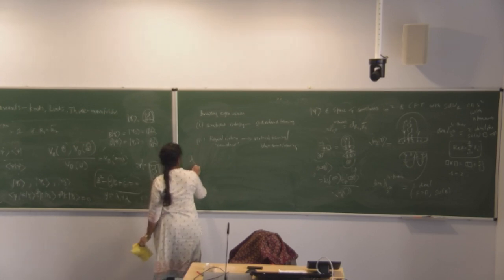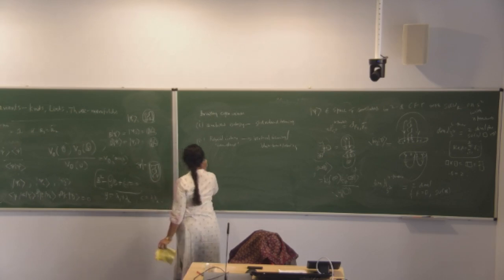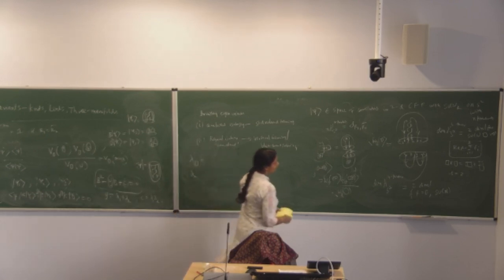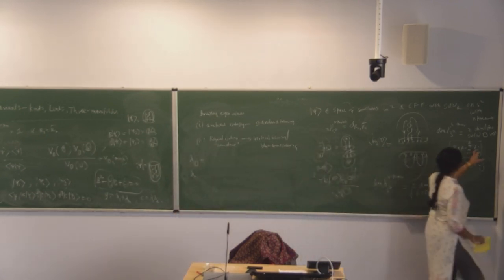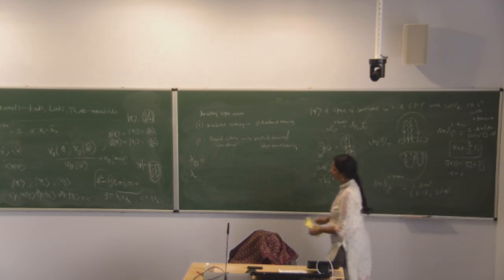Okay, so let me write it. So there are two eigenvalues, lambda 1 and lambda 2. Lambda 1 corresponds to E1 and E2. E1 is the horizontal box and E2 is the vertical box.